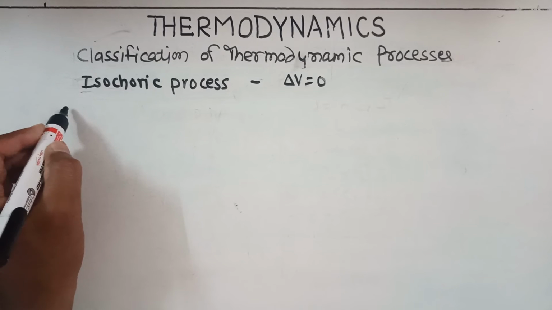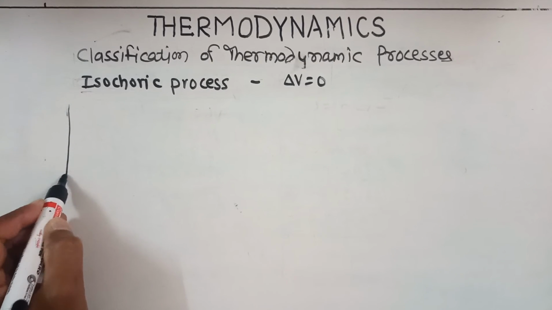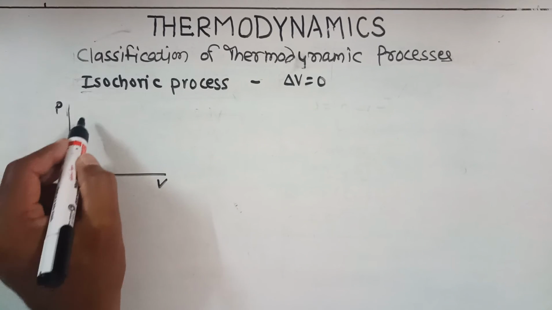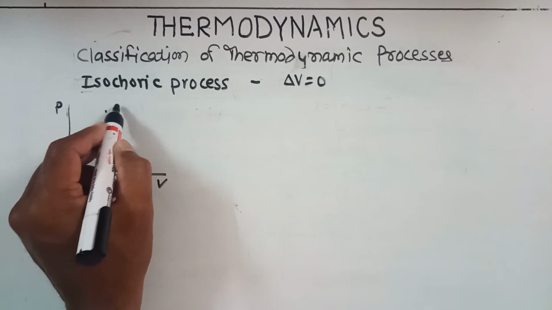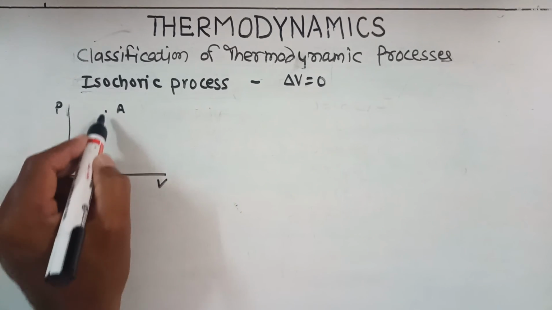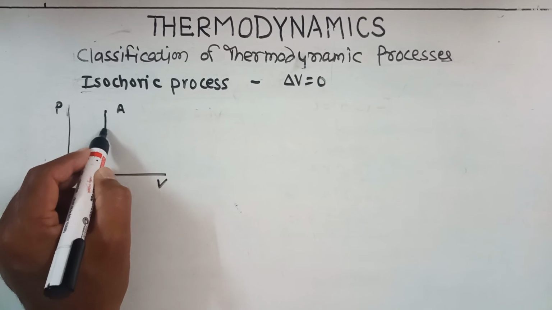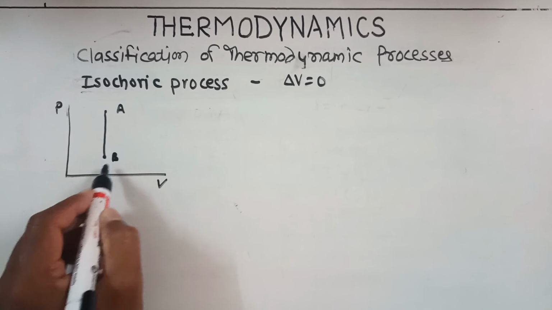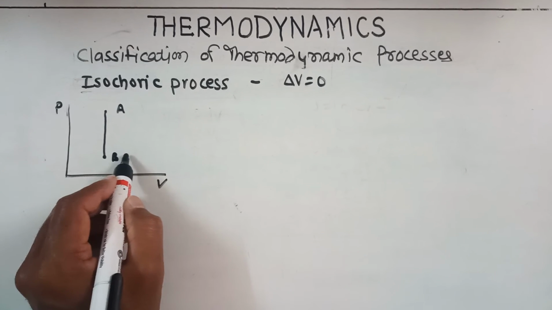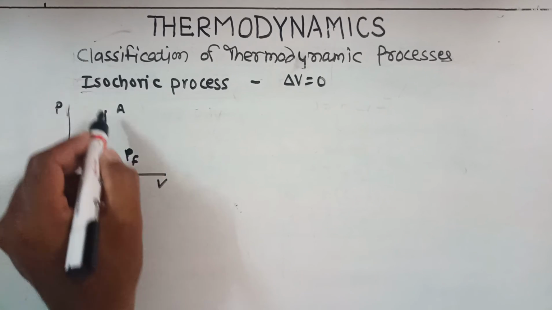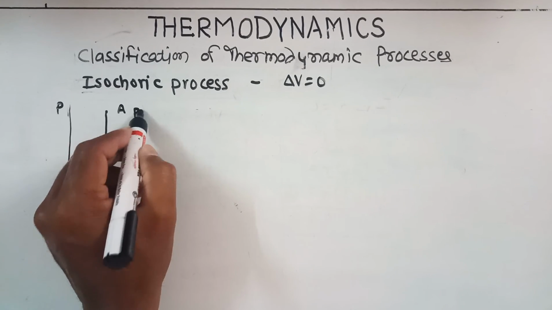Now let us see the PV diagram for this isochoric process. Suppose this is our pressure axis, this is our volume axis. Suppose this is the initial state A, and at this initial state the volume is V. In isochoric process, the volume is kept constant, and now the pressure decreases and the pressure becomes Pf. Here the pressure is Pf, and here the pressure is Pi.